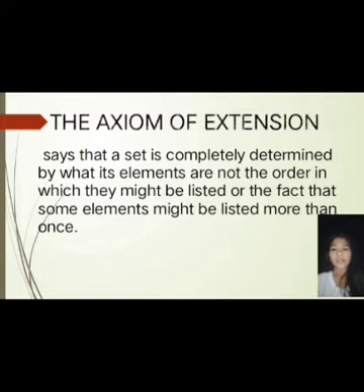The axiom of extension says that a set is completely determined by what its elements are, not the order in which they might be listed, or the fact that some element might be listed more than once.